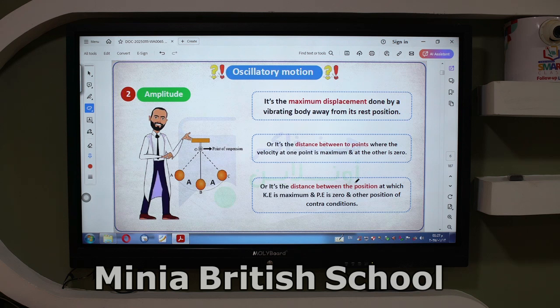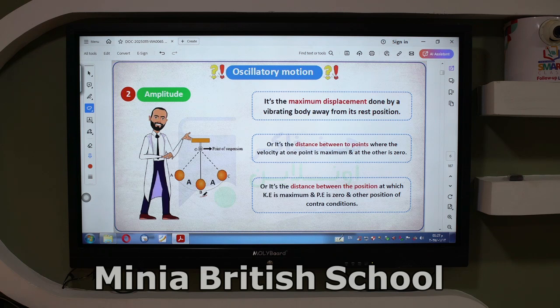or its distance between 2 points where the velocity at one point is maximum. What do we mean by this? We mean that point P here has the maximum velocity, so it has the maximum kinetic energy during the motion.